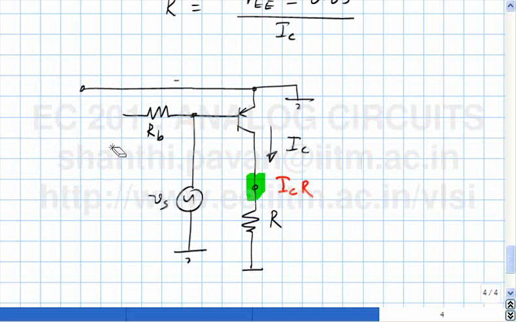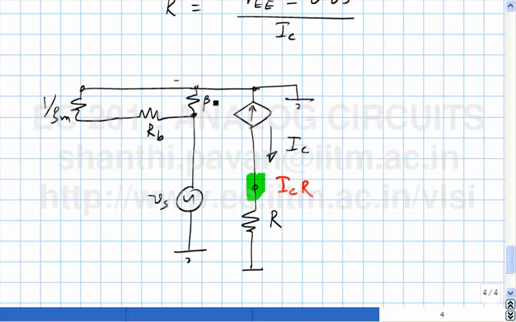And what is gm approximately? This is 1 over gm, rπ, and I replace the transistor with its incremental equivalent, which is the same as, so this is beta times 1 over gm.